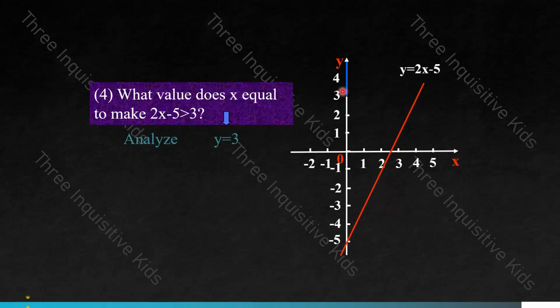This is all of the values when y is greater than 3, and this is it represented on the graph. So everything from this point and onwards. And we see that the coordinate of this point right here is 4 comma 3. So we can answer with when x is greater than 4, 2x minus 5 is greater than 3.